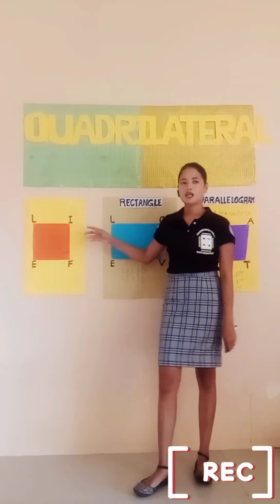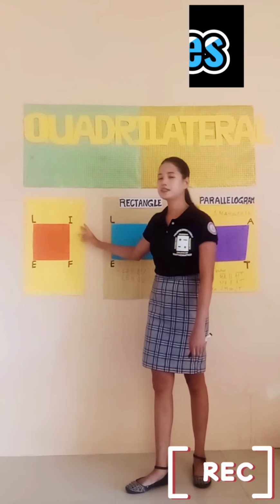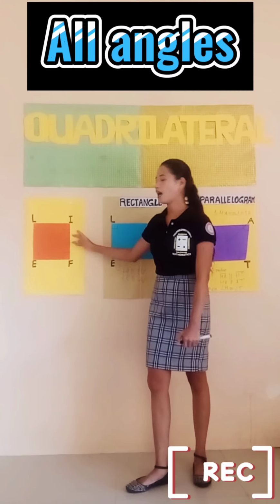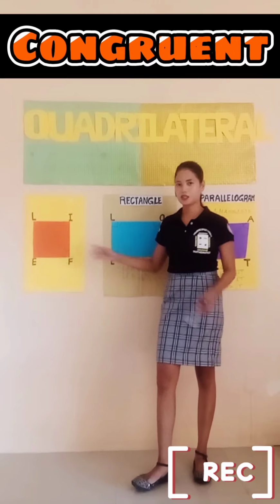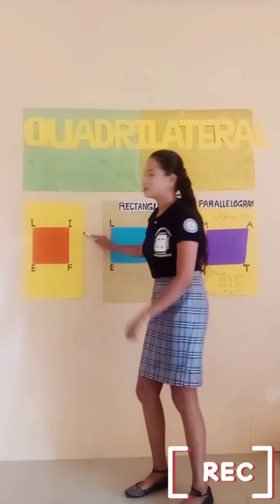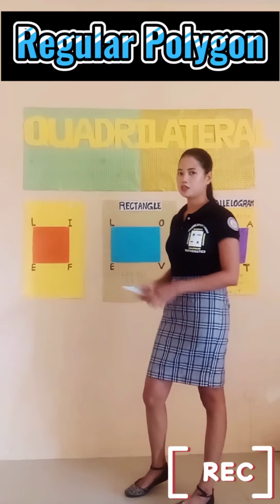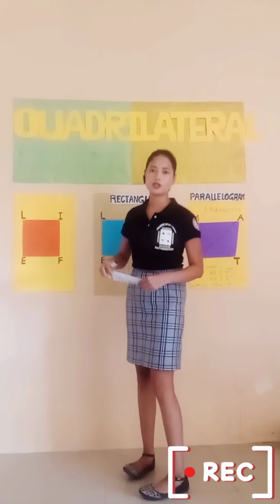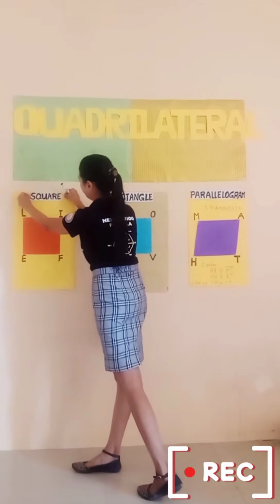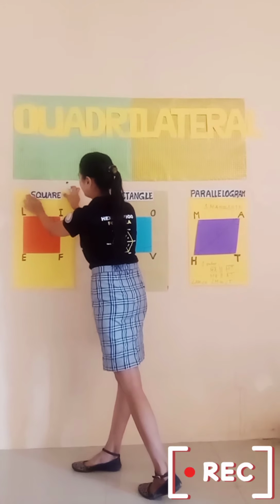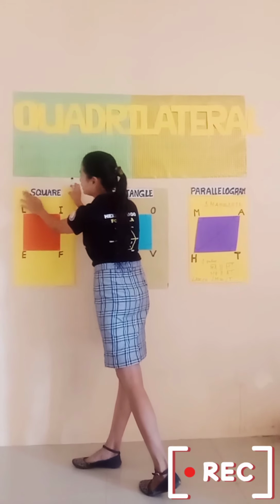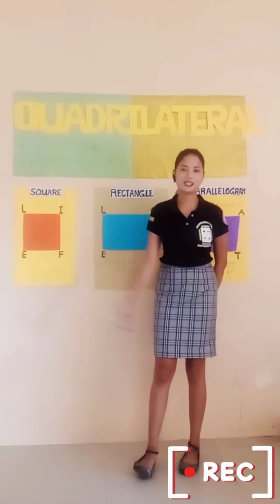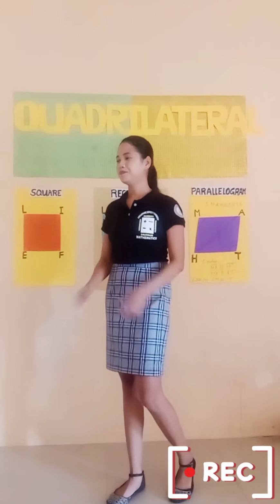Of course, these four sides and four angles are congruent. This is called a regular polygon. So basically, this quadrilateral is called the square. Yes, it's a square, just as we learned in our childhood.